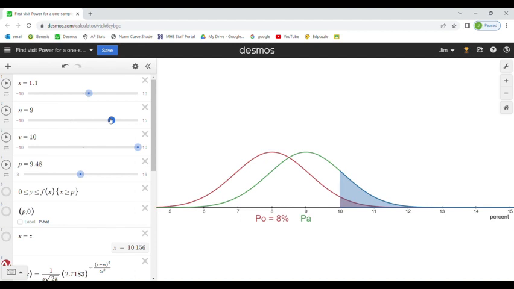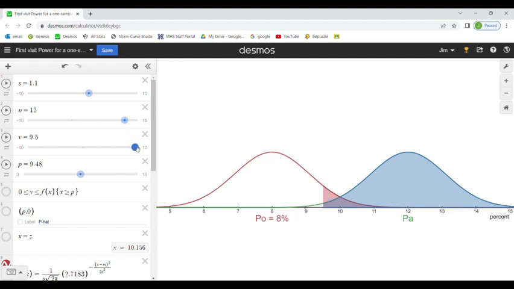The probability we would reject that truckload is much smaller, about 25%. So as the effect, or difference between the hypothesized value and the alternative value, increases, so does the power.